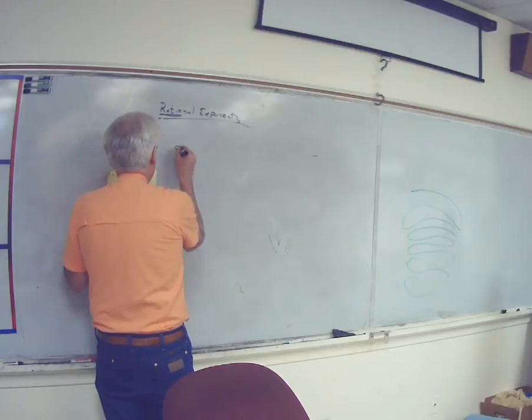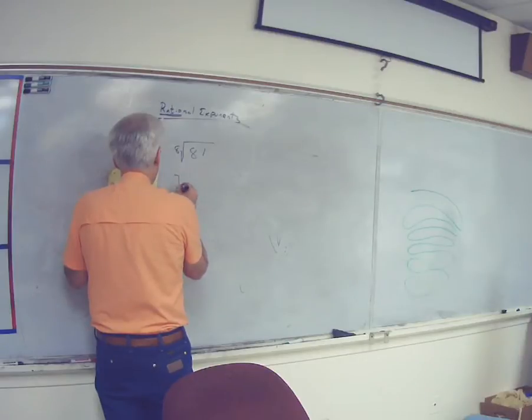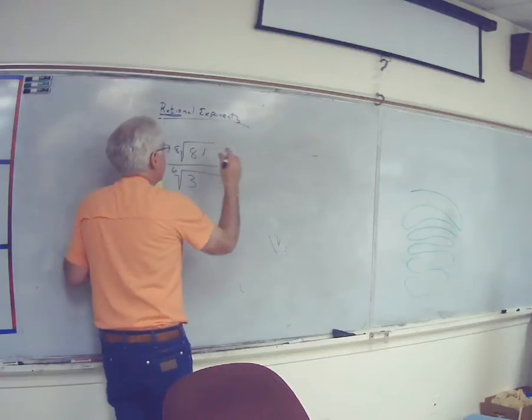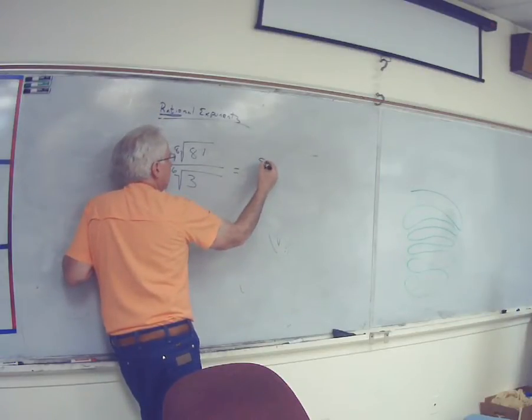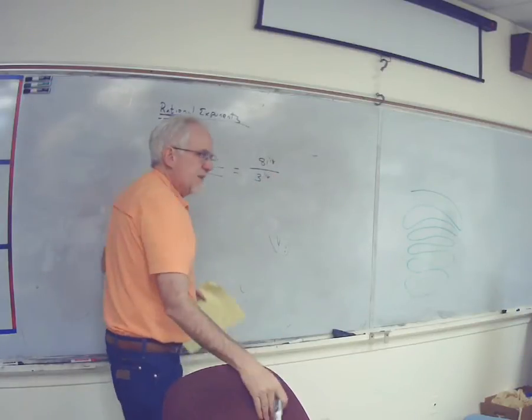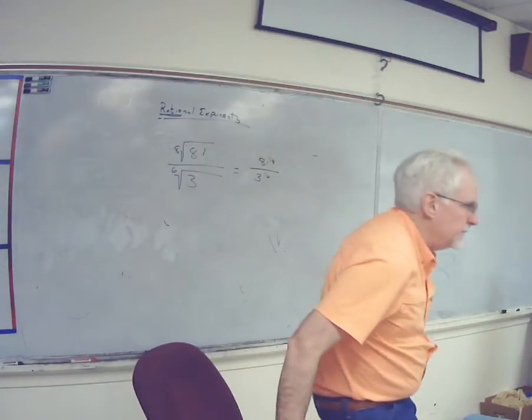If I have the eighth root of 81 over the sixth root of 3, what would this be? 81 to the 1/8 over 3 to the 1/6. Okay. As that's written, can I combine it?